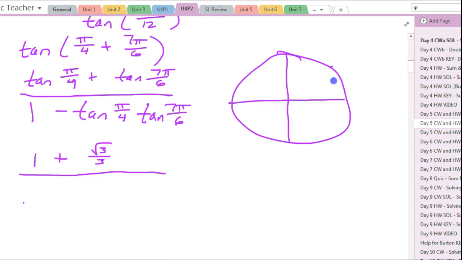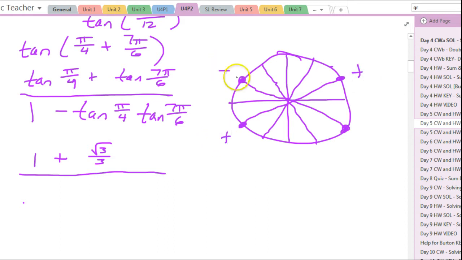Alright, here's my little pi over 6 diagram. Okay, so I have these 4 angles to consider that all have a reference angle of pi over 6. 2 of them will be positive and 2 of them will be negative. Well actually I don't care about all those. The 7 pi over 6 is in this quadrant right here, so that's going to be positive.